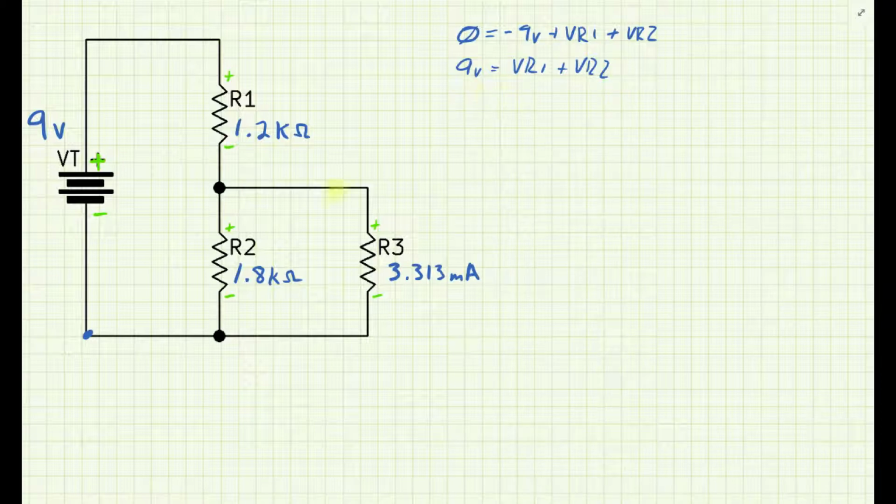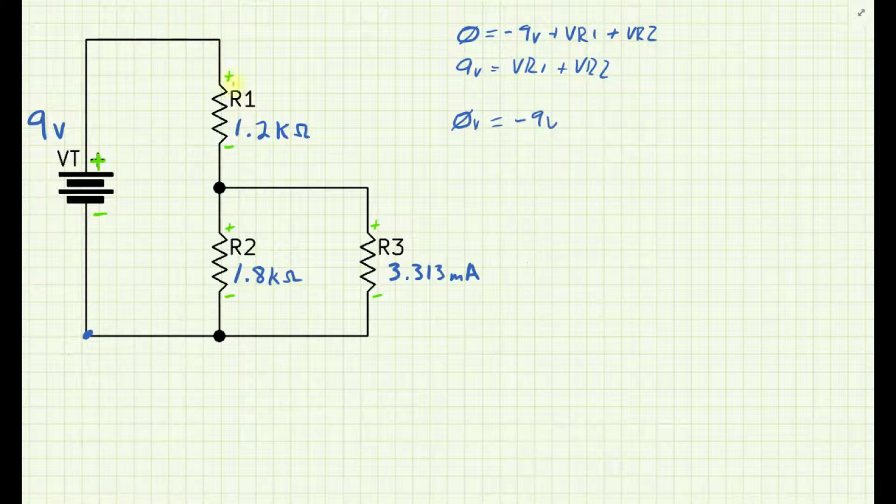Okay, now I have some other loops as I've identified. Let's do the outside loop. I'll start and end in the same spot, but instead of going through R2, I'm going to go all the way around the outside of the circuit and include R3. So 0 volts equals, again, encountering the minus 9 volts.